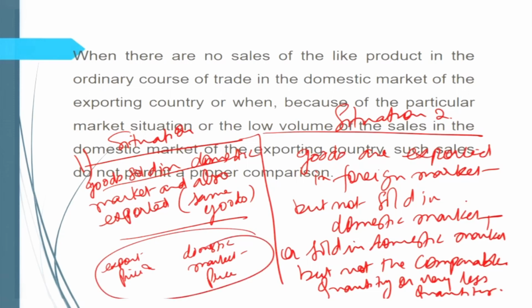Here, in this case, we will not compare it with the domestic market price, but we will try to find out if the same goods that are exported to one country are also exported to another country, and what the price is in that third country.